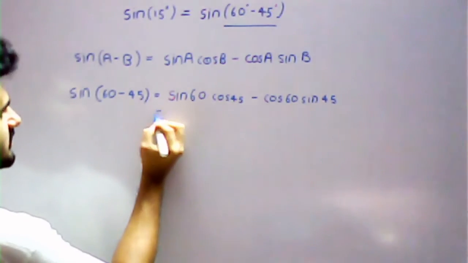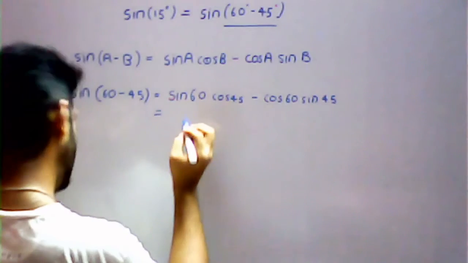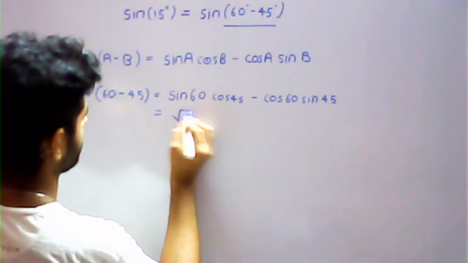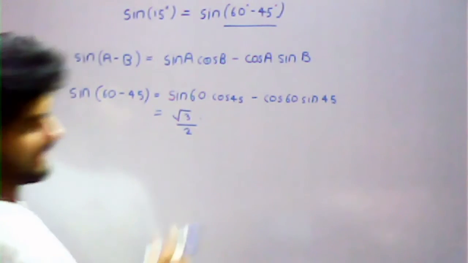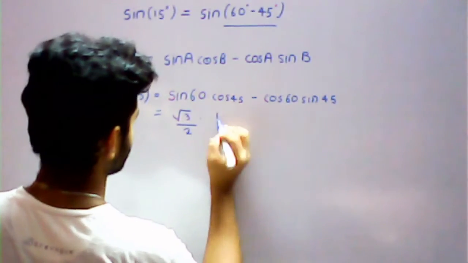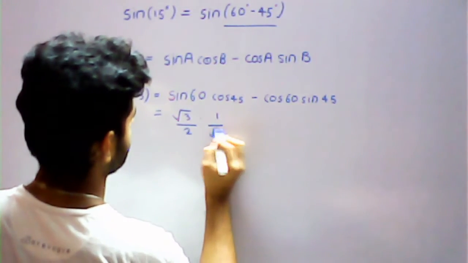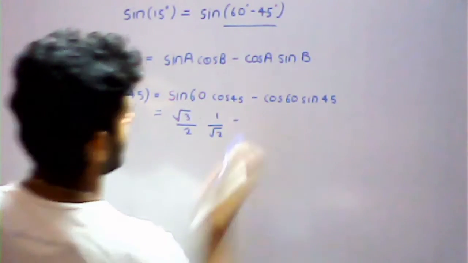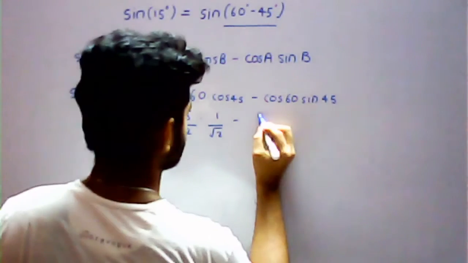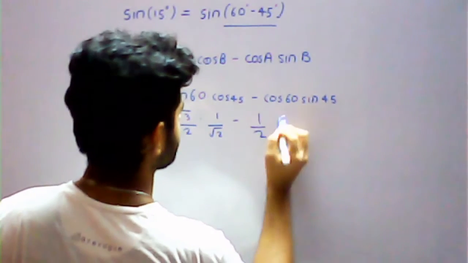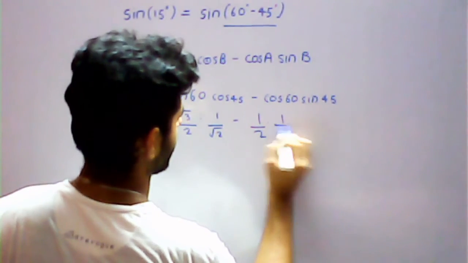Sine 60, the value is known to us, which is root 3 by 2. And cos 45 is 1 by root 2. Minus, cos 60 is 1 by 2, and sine 45 again 1 by root 2.